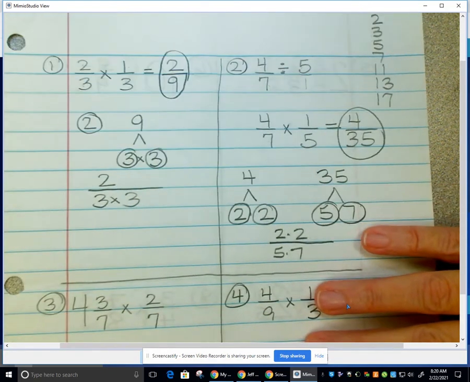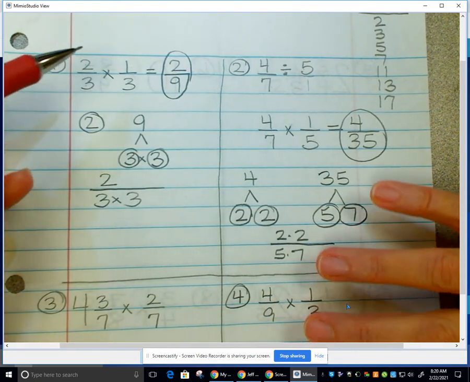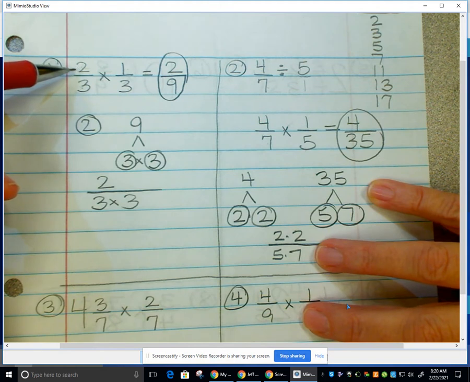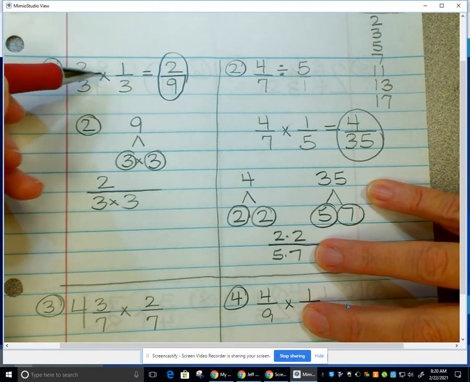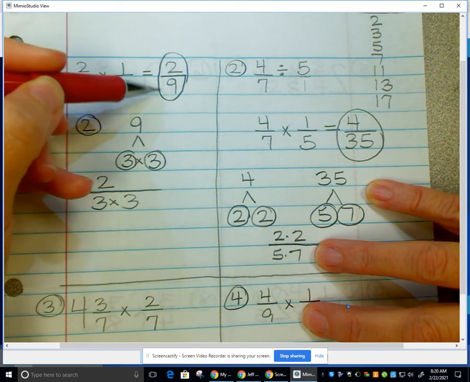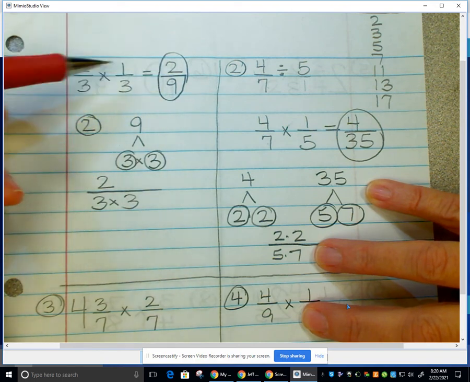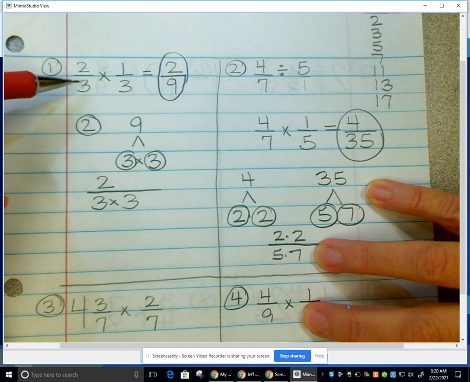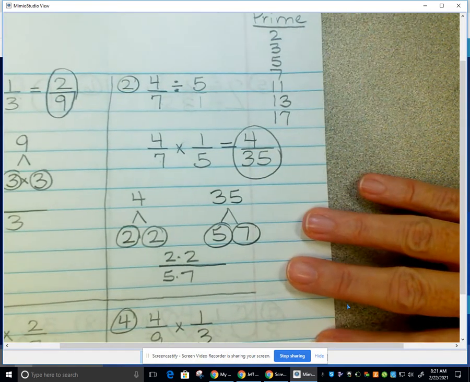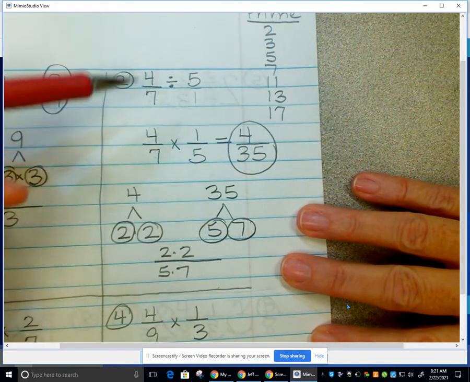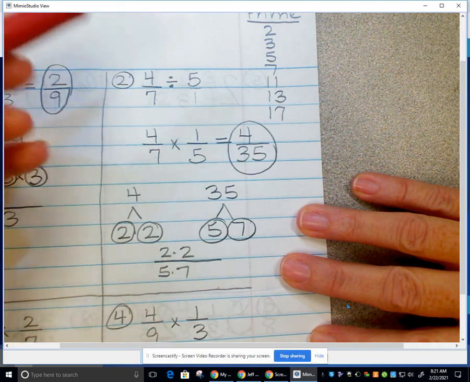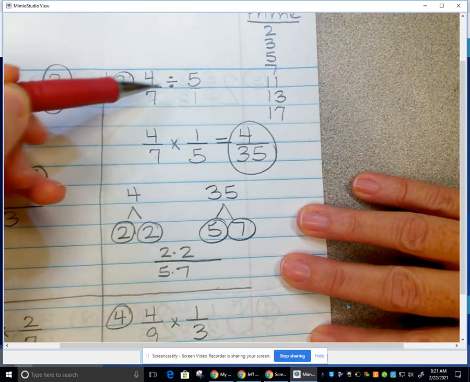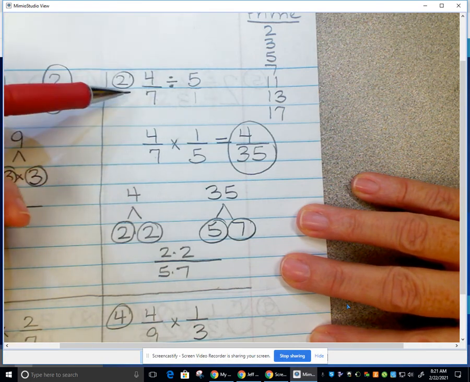And just to look back for a minute, when I'm multiplying, I'm saying what is 2/3 of 1/3? I want a piece of a piece. And remember, my answer will be lower than either one of these fractions because I'm getting a piece of a piece. Now, with dividing, here's a little trick to remember.